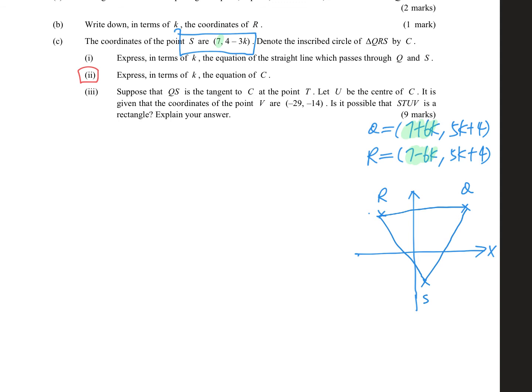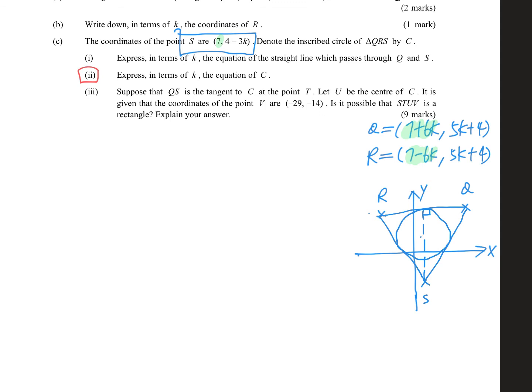Note that at least triangle SRQ is isosceles. So that's very important. And then after that, the inscribed circle. Good. So if we try to draw, the three sides of the triangle must be the tangents of the inscribed circle.